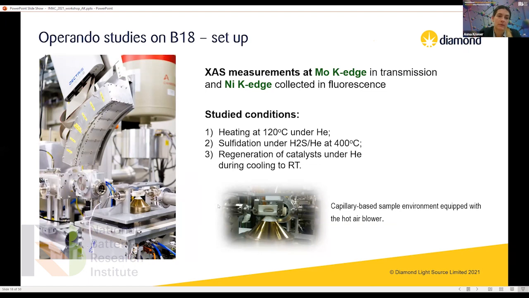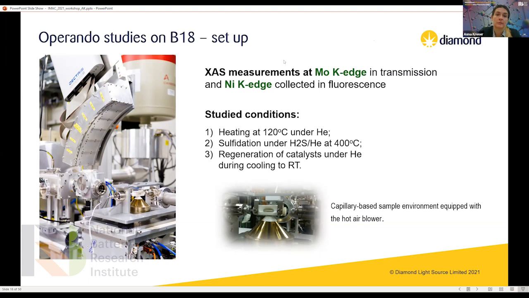And then from our right to left, there are X-rays passing through the system. So we were able to measure the sample while we applied the different conditions of the activation. The activation was based on introducing H2S at a higher temperature. This is also the reaction cell, magnified. So that's the quartz capillary with the hot air heating beneath.